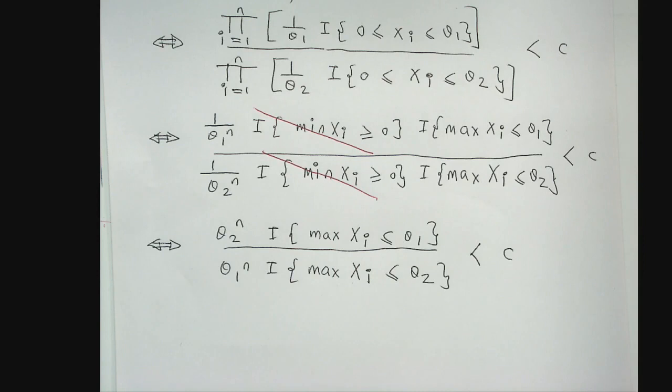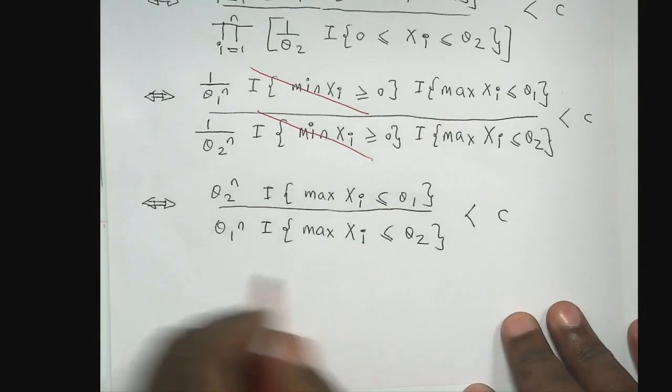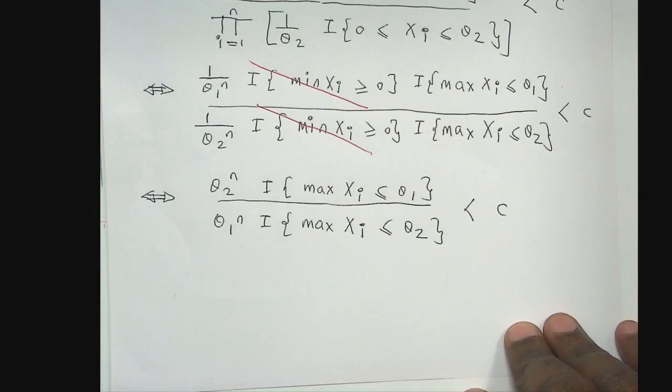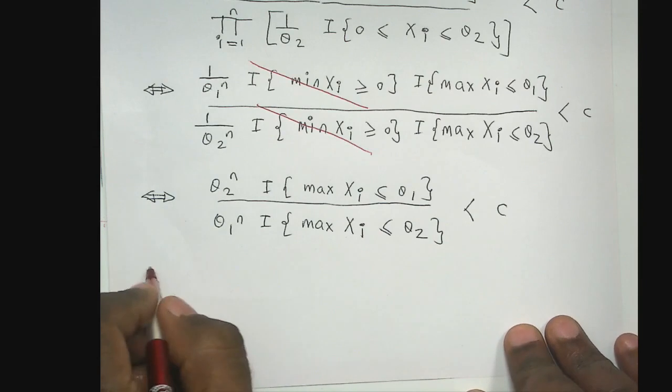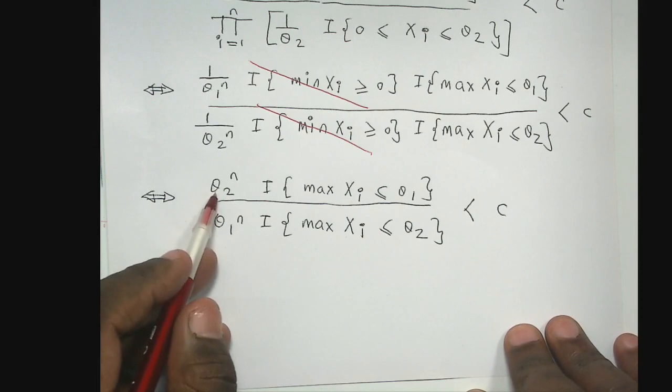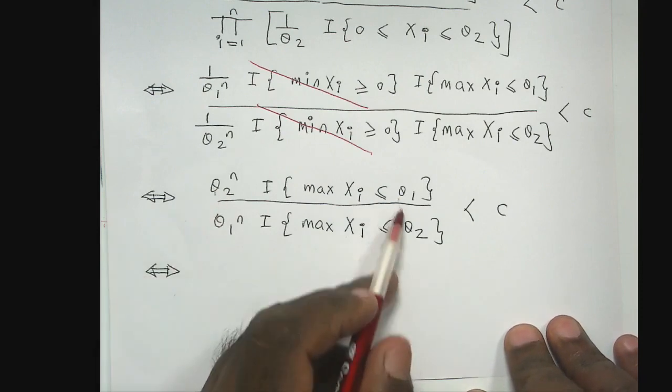Now, if you look at the left-hand side, what you have is a function, because theta 1 is a fixed number and theta 2 is a fixed number.